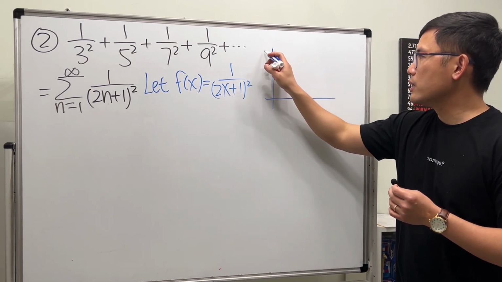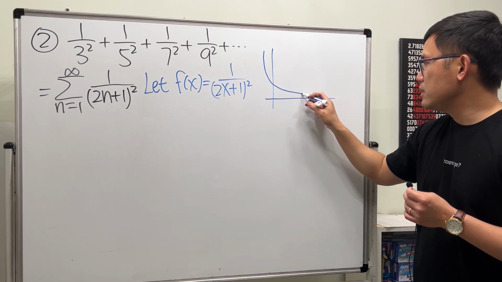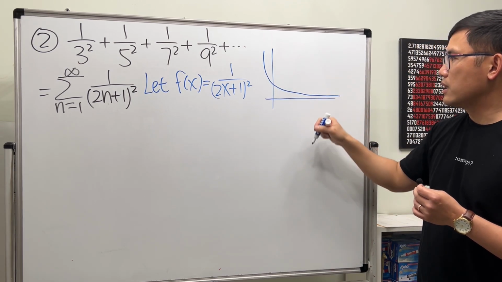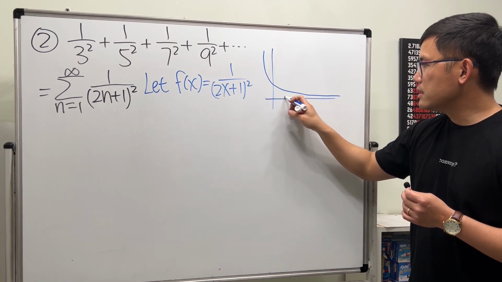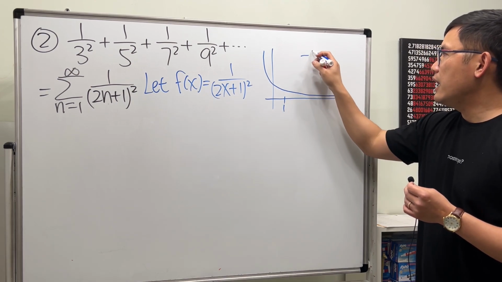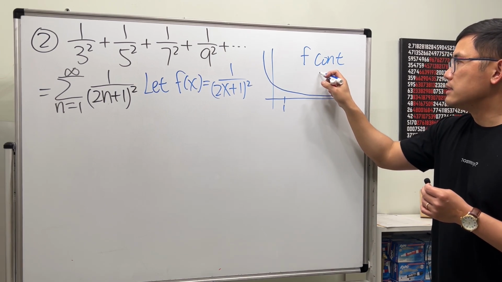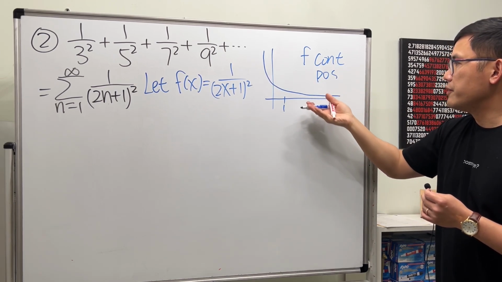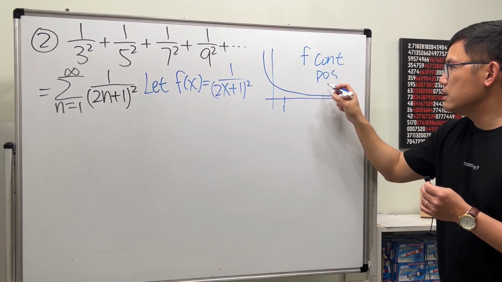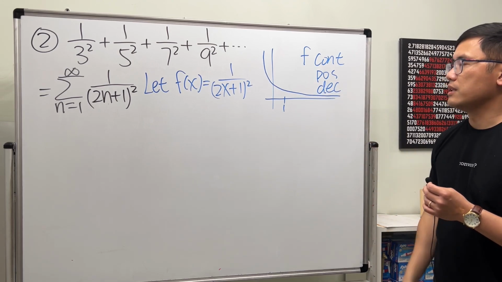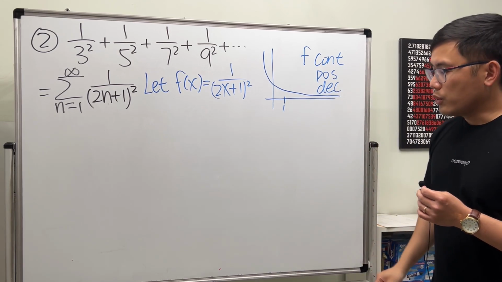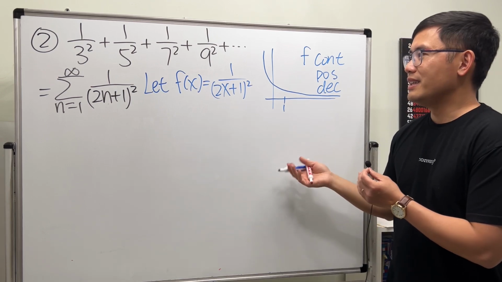If you graph this function, this part is going to be something like this. And you can clearly see when x is 1 and later, f is for sure continuous, and it's positive because it's above the x-axis. And lastly, decreasing. So this gives us the right to use the integral test.